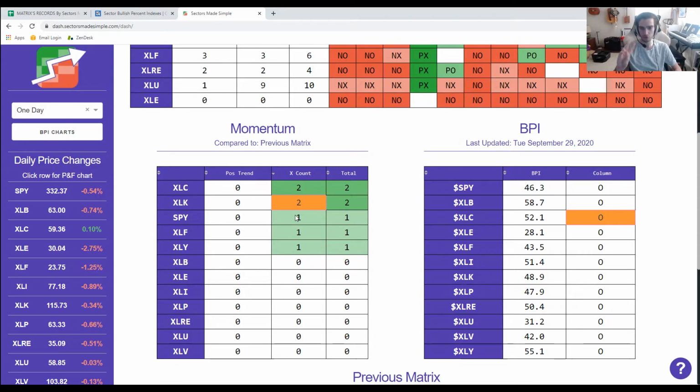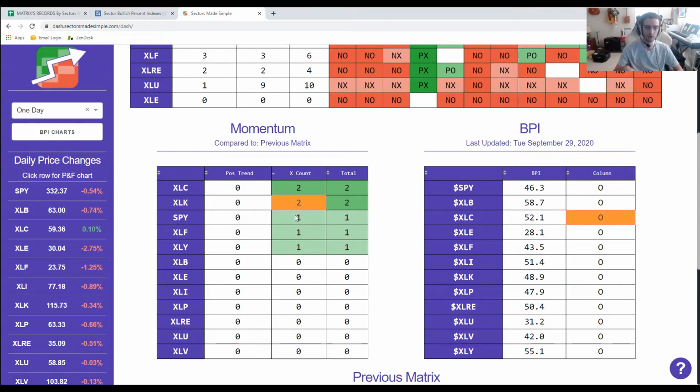So it's two really good pieces of information that work well together. Because when you're buying, let's say, XLC, you're not buying the New York Stock Exchange. You're not buying every communications company in the New York Stock Exchange. No, you're buying the companies in the S&P 500.